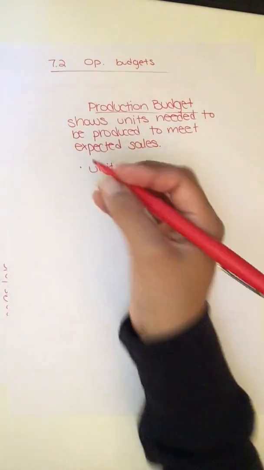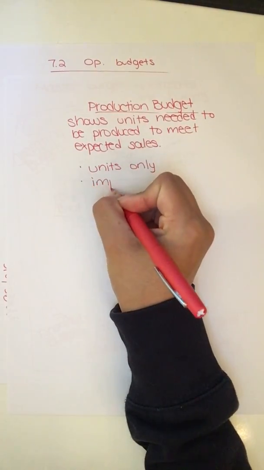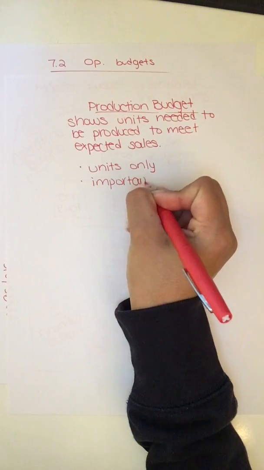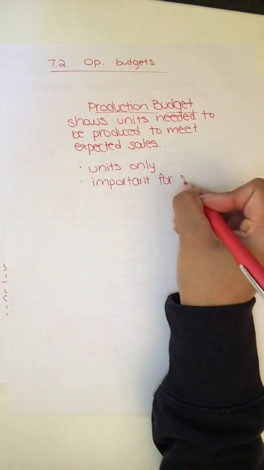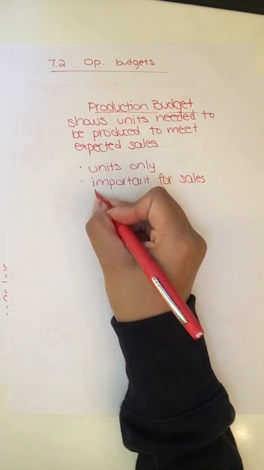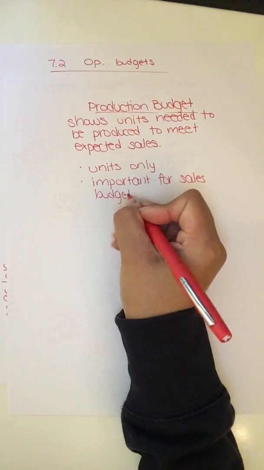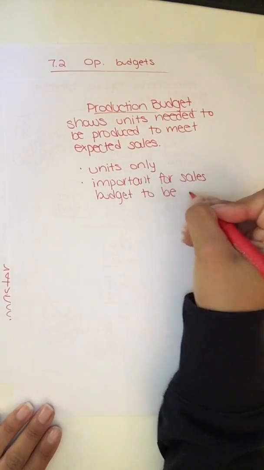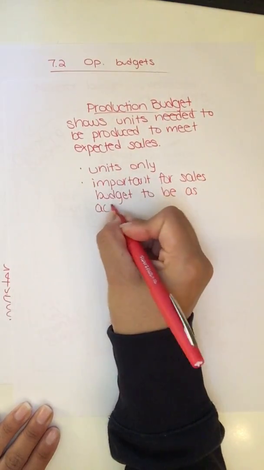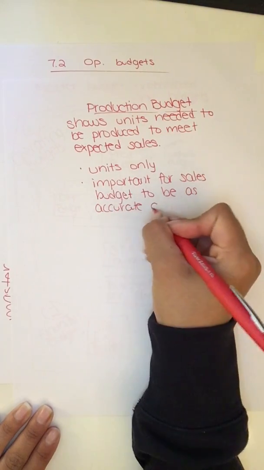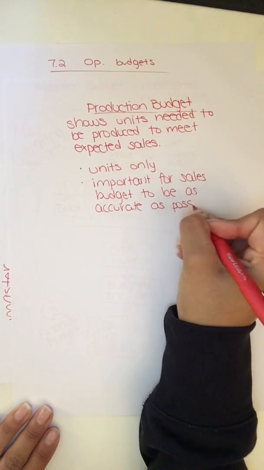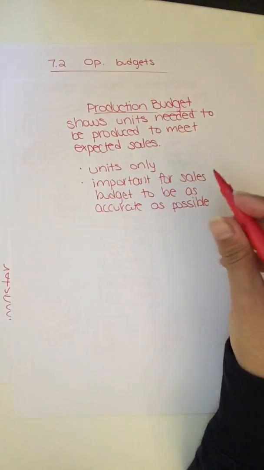That's why it's important for the sales budget to be as accurate as possible. Because if it's not, it's going to lead to problems in production, right?